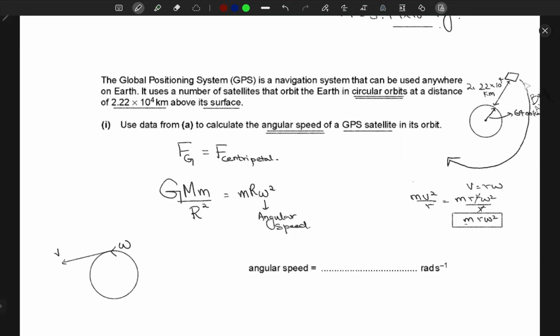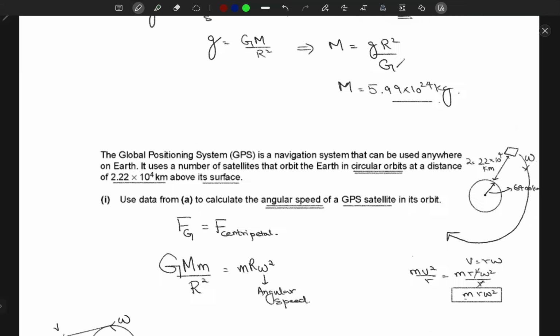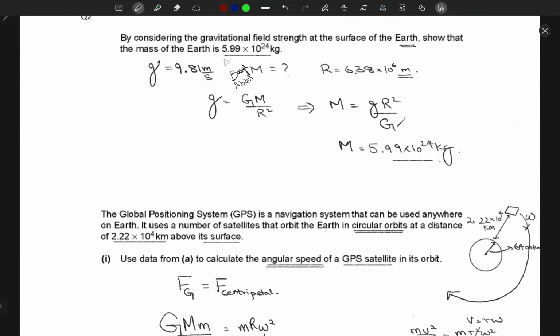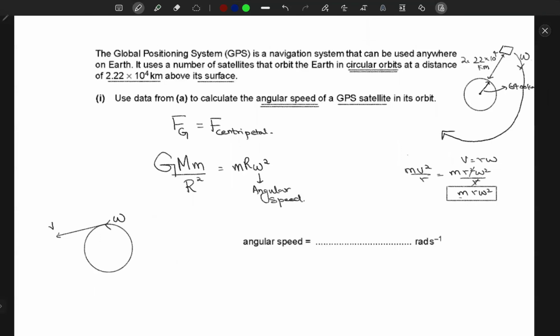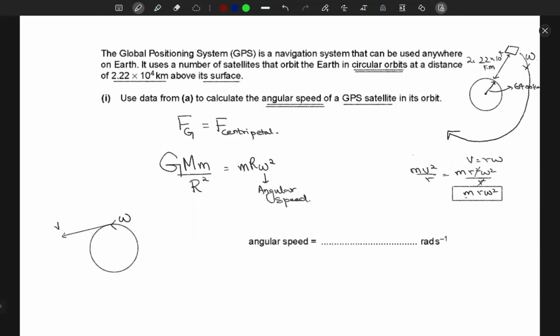So we want to calculate this angular speed omega of the satellite which is orbiting the Earth. In part A, we showed that the mass of the Earth is this value, so we just have to use that mass of the Earth. The idea is: what is keeping this satellite in orbit around the Earth?